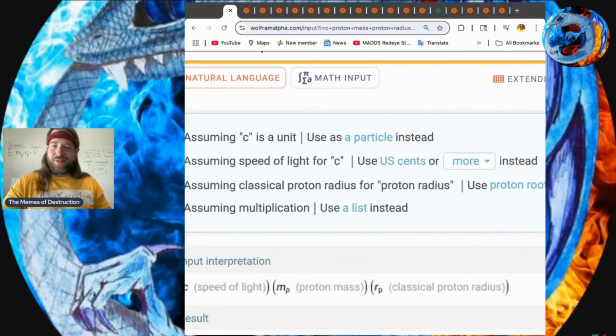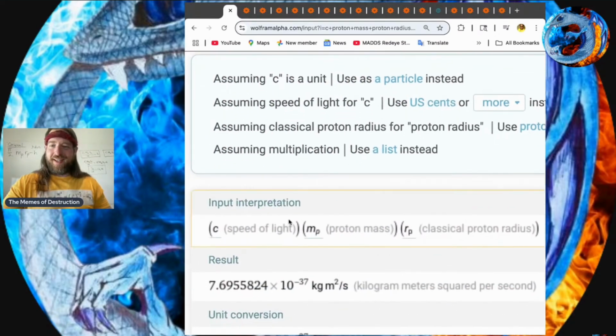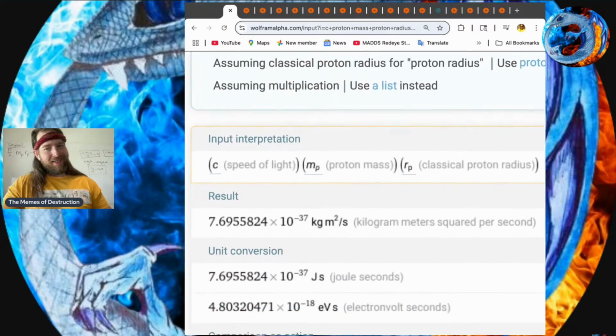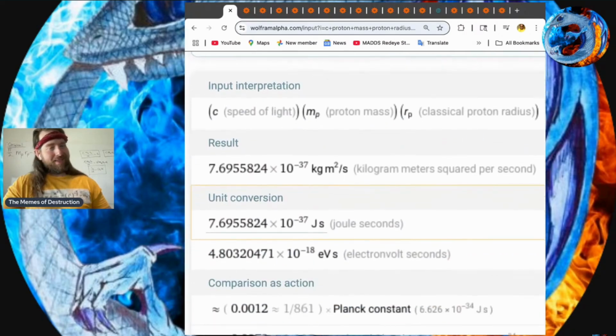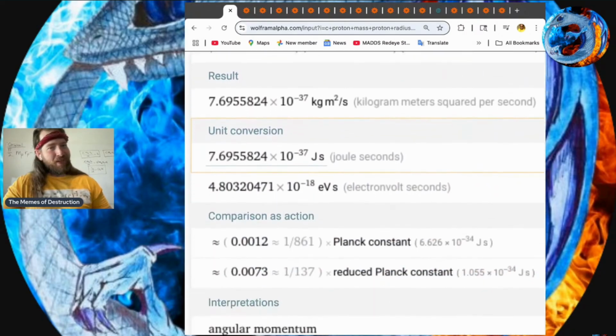So we've got our same thing, except we took off that pi divided by 2 dimensionless modification term, and we have c, the speed of light in a vacuum, times the proton mass, times the proton's classical radius. Okay. What does it give us? Gives us these numbers. Those numbers don't mean a thing to me.